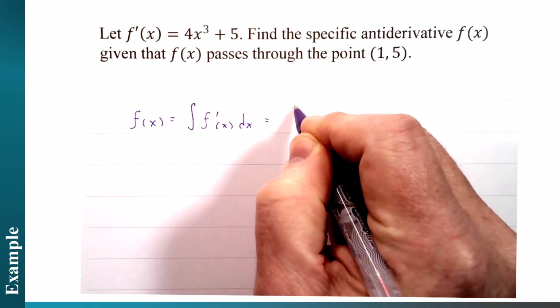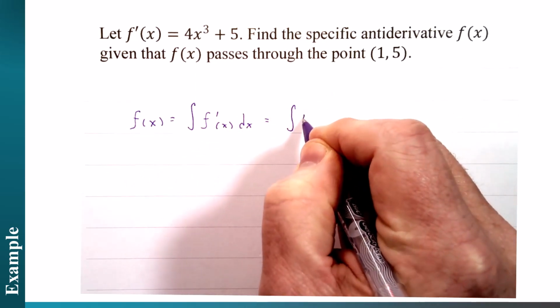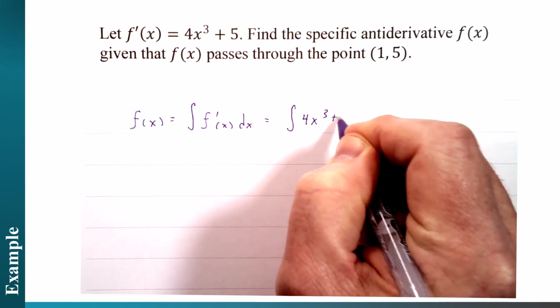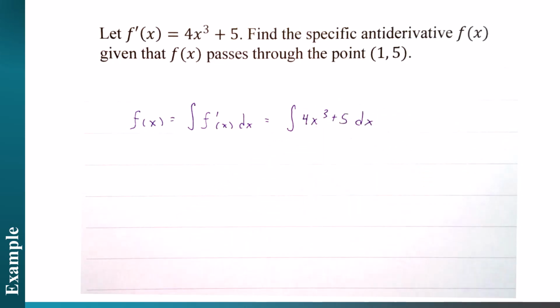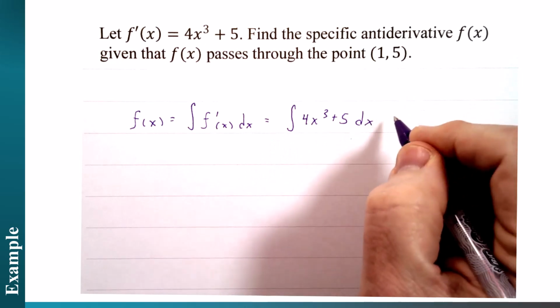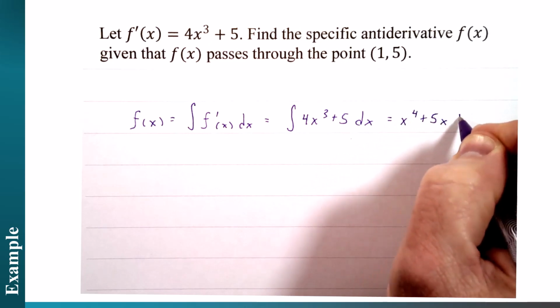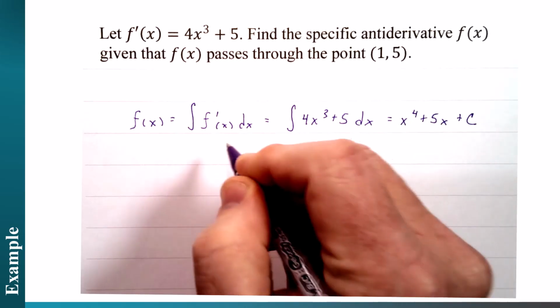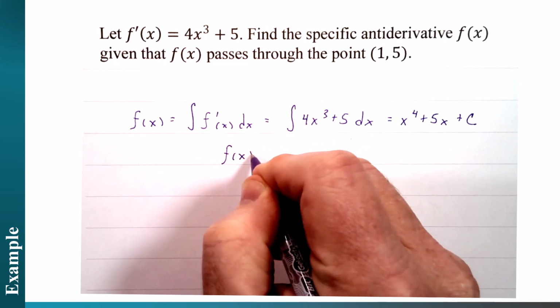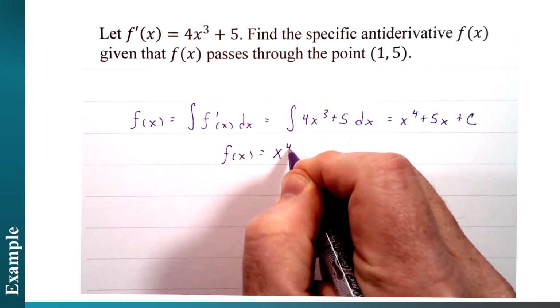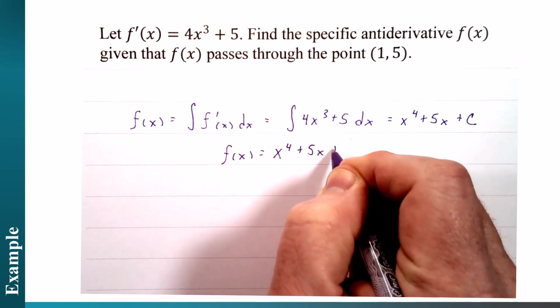And we know that that means that we have the integral here of 4x cubed plus 5 with respect to x. And this is the problem we did in the last example. We know that this turned out to be x to the 4th plus 5x plus c. And so we know that f of x is equal to x to the 4th plus 5x plus c.